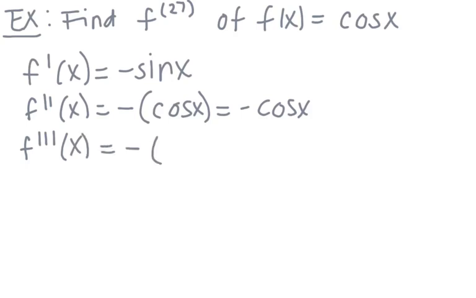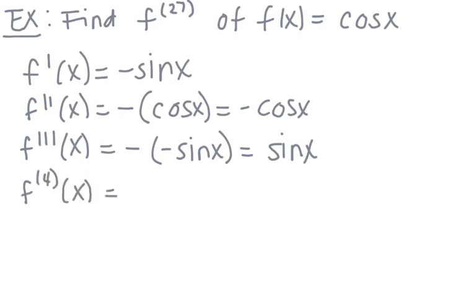Then the derivative of cosine is negative sine x. We kind of already did that. But now there's an extra negative out front, so it ends up giving us a positive sine x. So by the time we get to the fourth derivative, the derivative of sine x takes me right back to where we started.